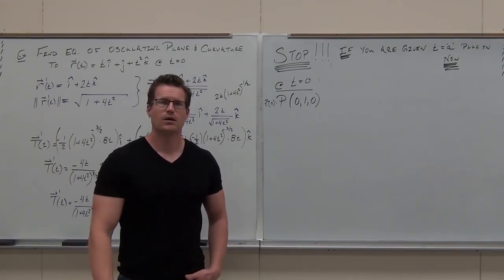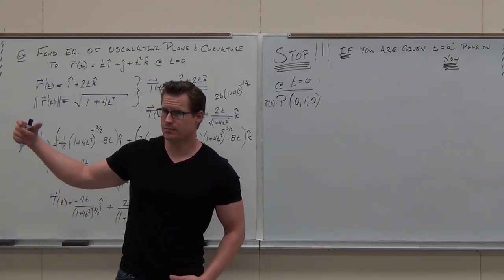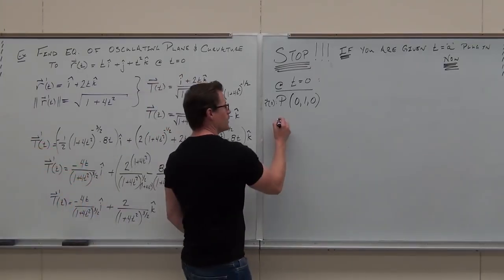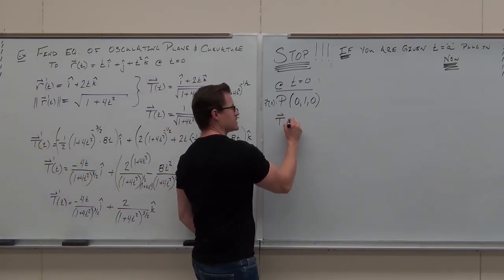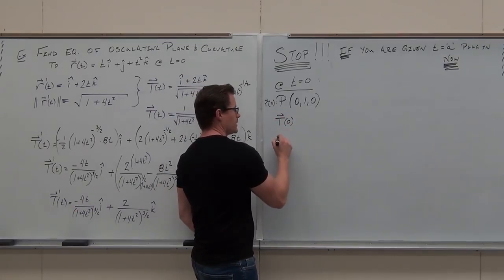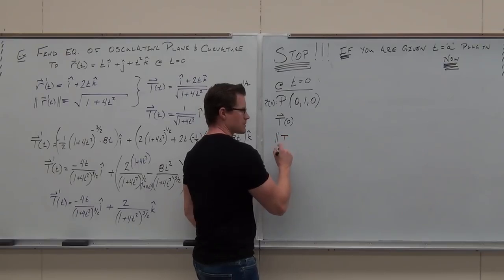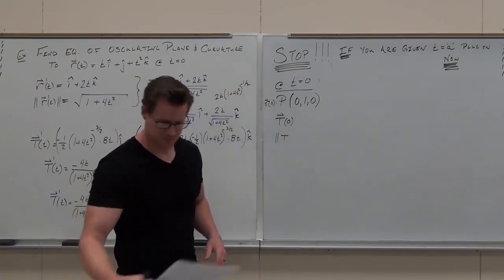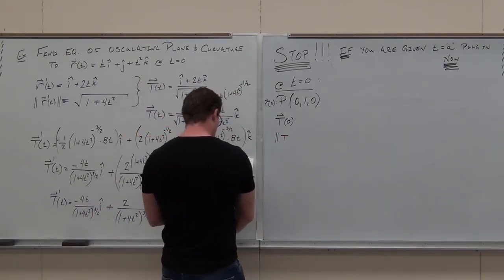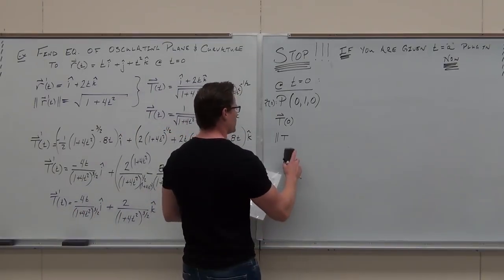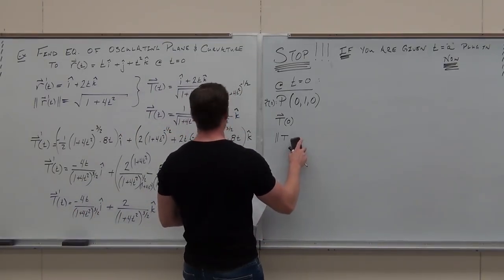Yeah. In order to find the osculating plane, we also need to know what the unit tangent is at 0. T prime, yeah, we're going to do that.